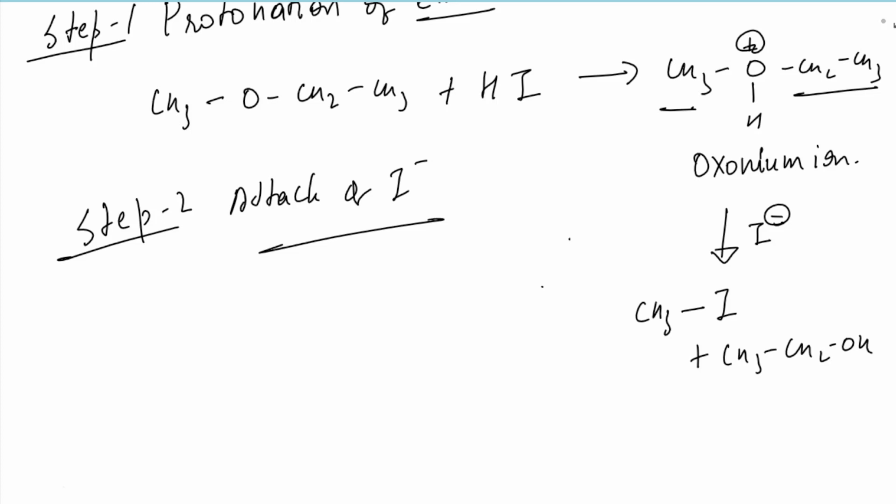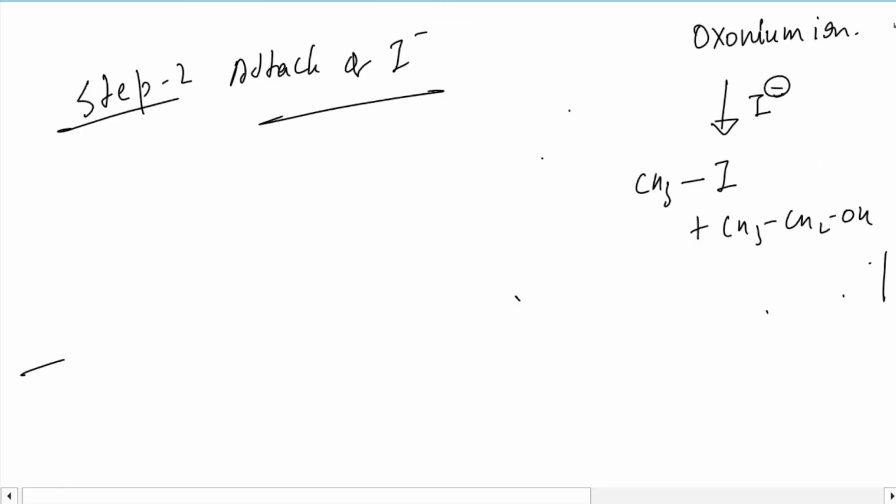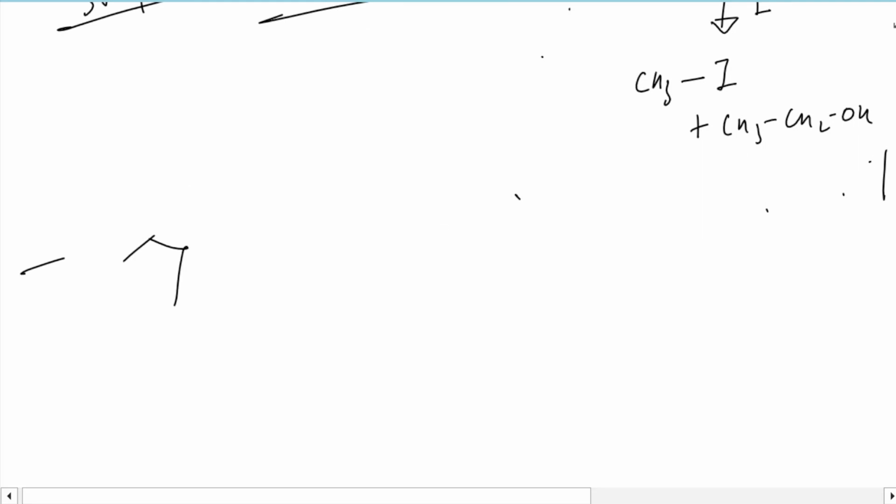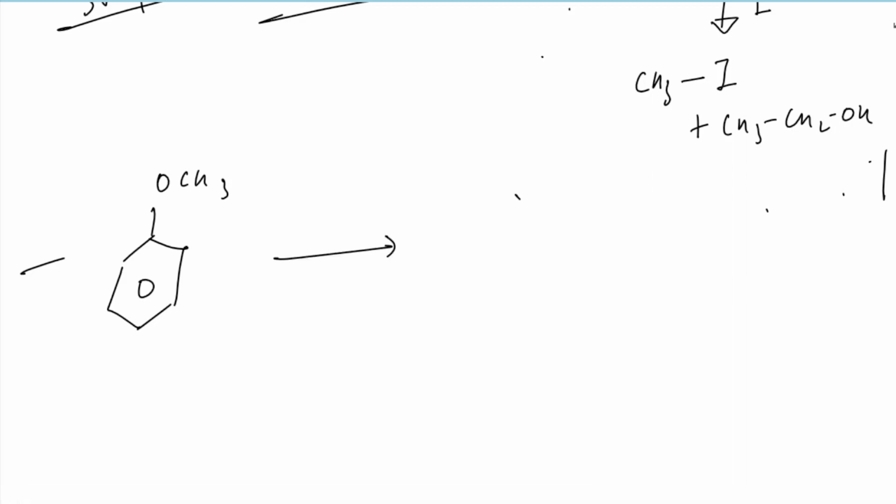For example, if I take a few examples, it will be easier to understand. Now I have to react this with HI. I will form an oxonium ion. Now I negative will attack over it.